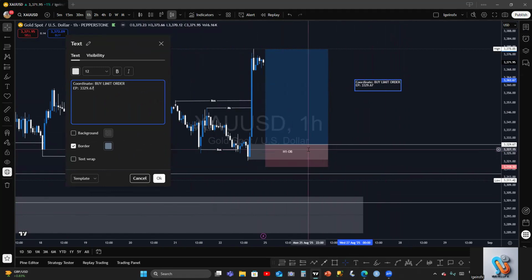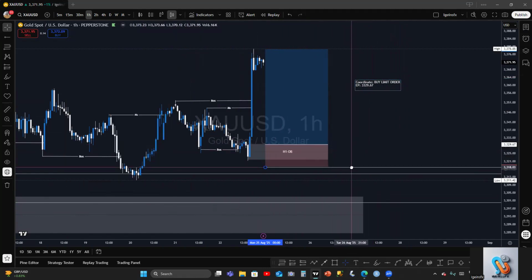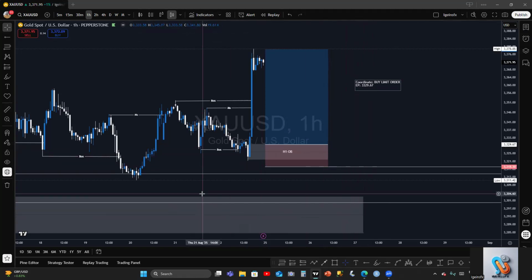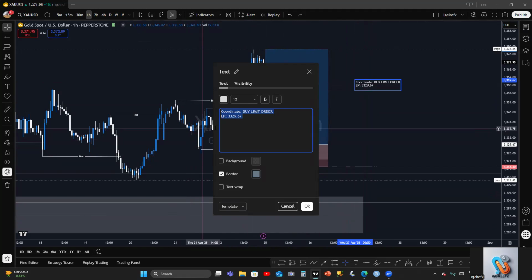All right. So our stop loss will be from this point here. That's 3318.30. Stop loss, SL, 3318.30.